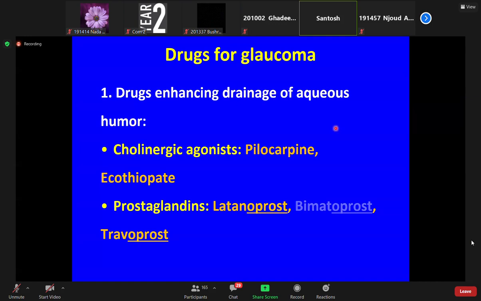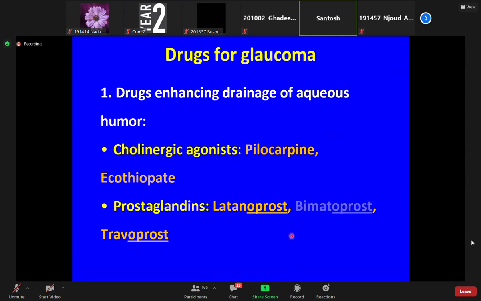So you have latanoprost, bimatoprost, travoprost. See, it's very easy to remember the names. You guys were worried about the number of drugs. So prost, you know it's a prostaglandin. Wherever you see a name like latanoprost, travoprost, or bimatoprost, you know it's a prostaglandin.